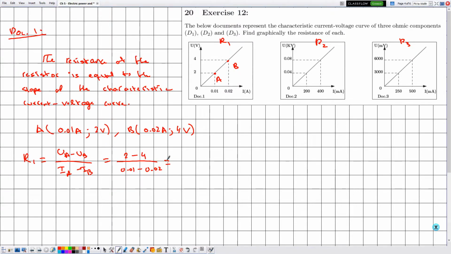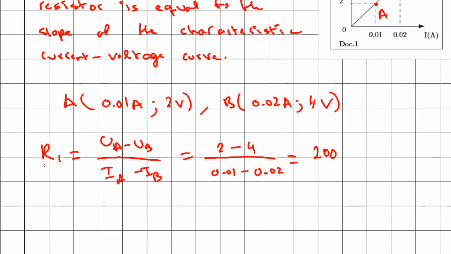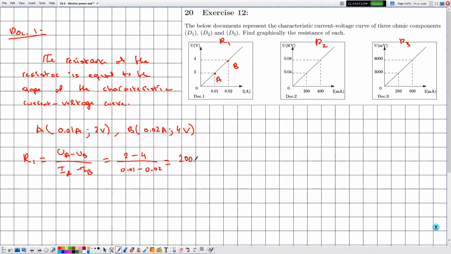Now plugging this expression on the calculator, we have 2 divided by 0.01, which is equal to 200. Since we make sure that everything is expressed in the SI, the value of R1 will be in the SI, which is ohms. So R1 is equal to 200 ohms.